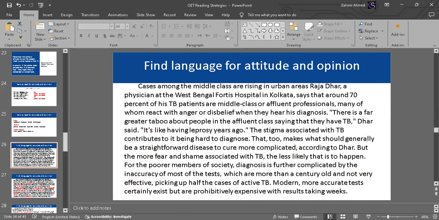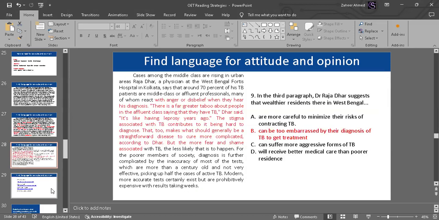Okay. Can you make a screenshot of this text first? Find language for attitude and opinion. Done? Okay. Now this is how your complete question looks along with the text.